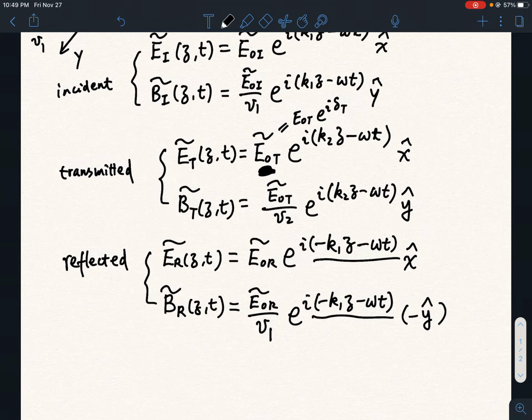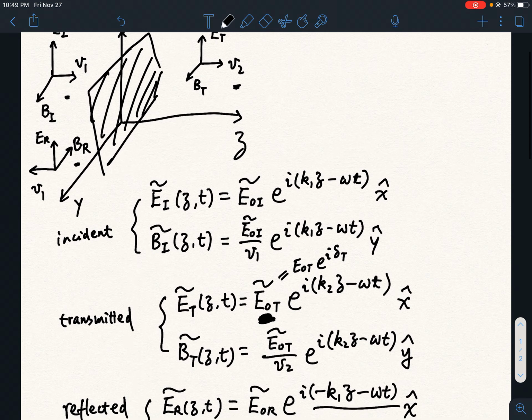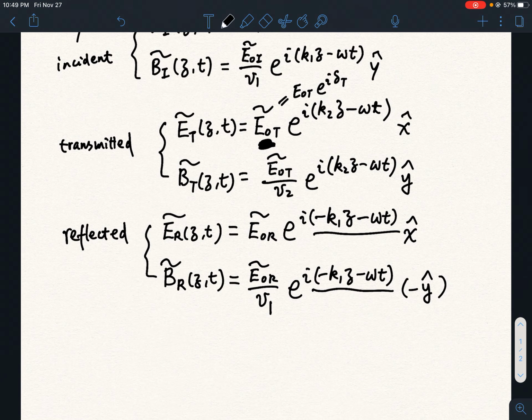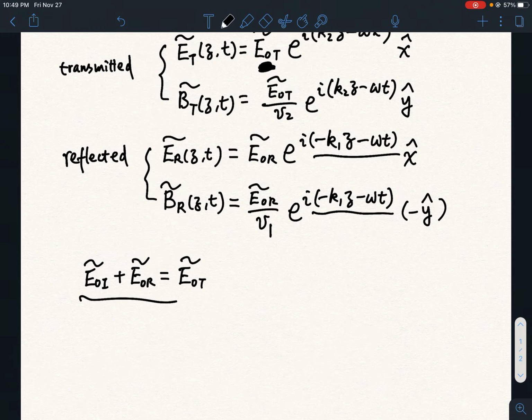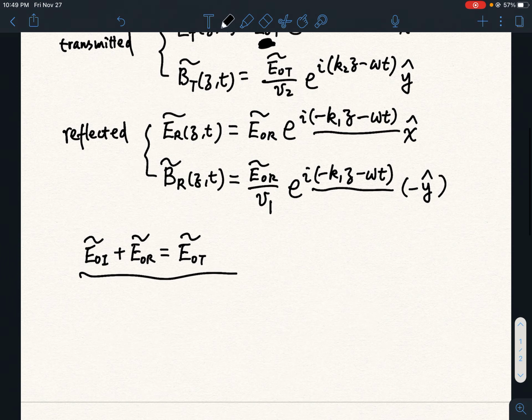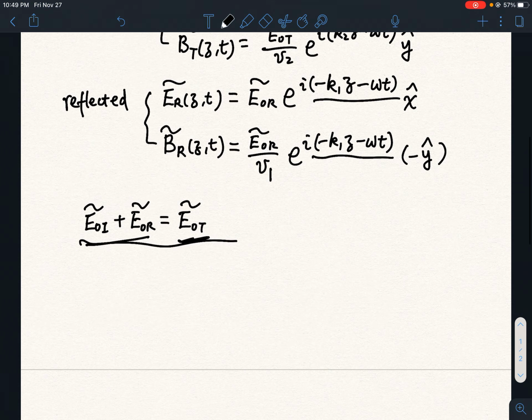Then we use the boundary conditions that we described before. Look at the equations I showed at the end of the last lecture. We have E0 incident plus E0 reflected must equal E0 transmitted, on this surface, the left side electric field and the right side electric field.